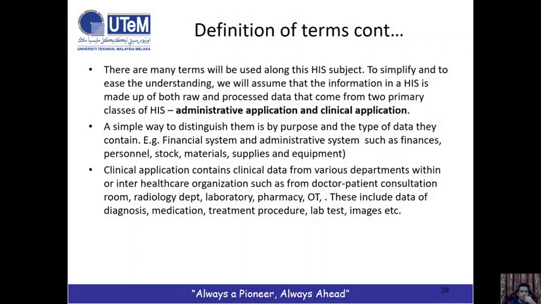There are many terms that will be used along this subject. To simplify and ease the understanding, we will assume that the information is made up of both raw and processed data. Raw data is data entered by the doctor, for example, vital sign information, your blood pressure reading, systolic, diastolic, your pulse.